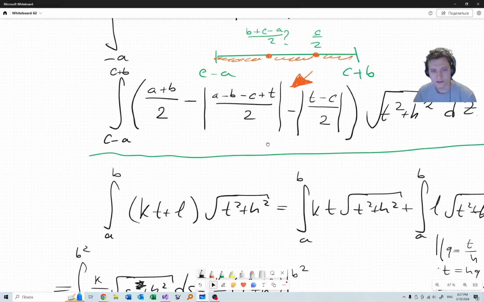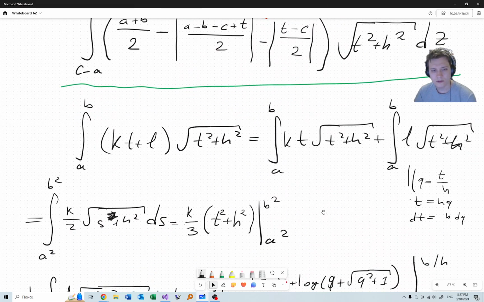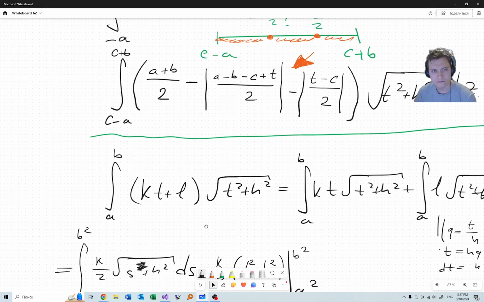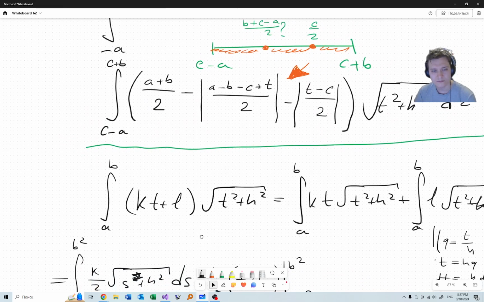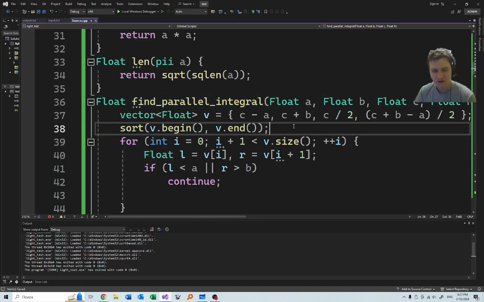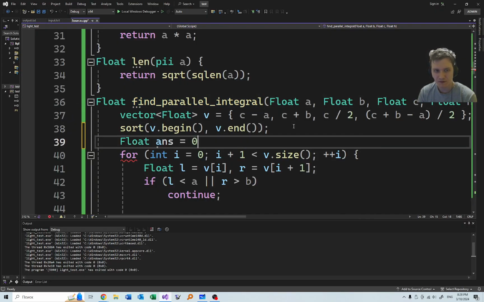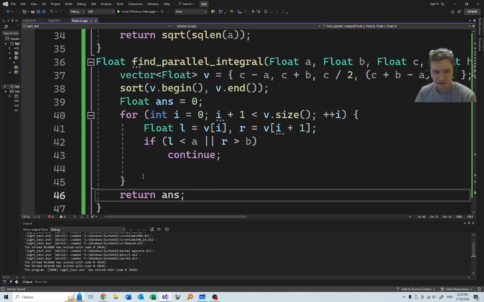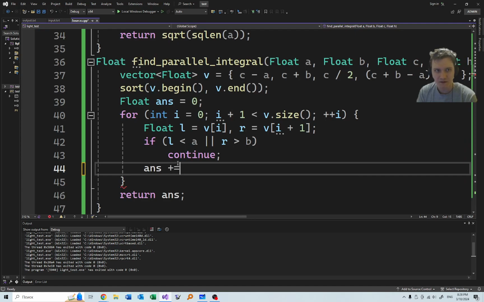Okay, the next thing is to present this integral in this form. So we have float ans equals 0. In the end we return ans, and ans plus equals find linear parallel integral of some form.